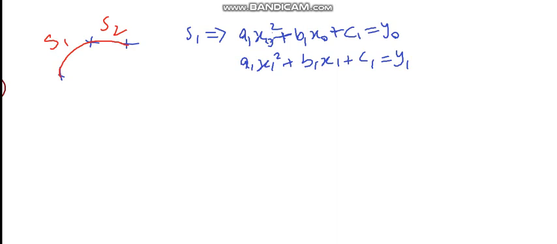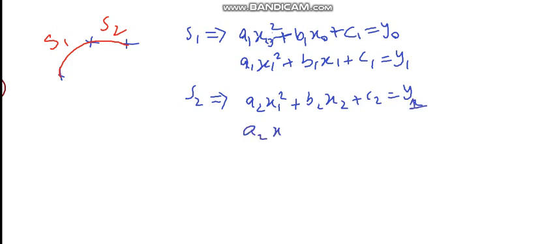For the first spline we have this set of equations. For the second spline S2 we will have equations like a2 times x1 square plus b2 times x1 plus c2 equal to y1, and then a2 times x2 square plus b2 times x2 plus c2 equal to y2.